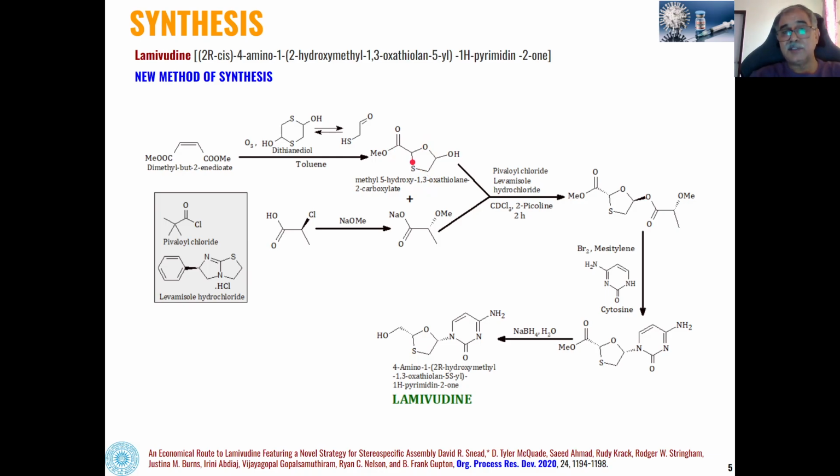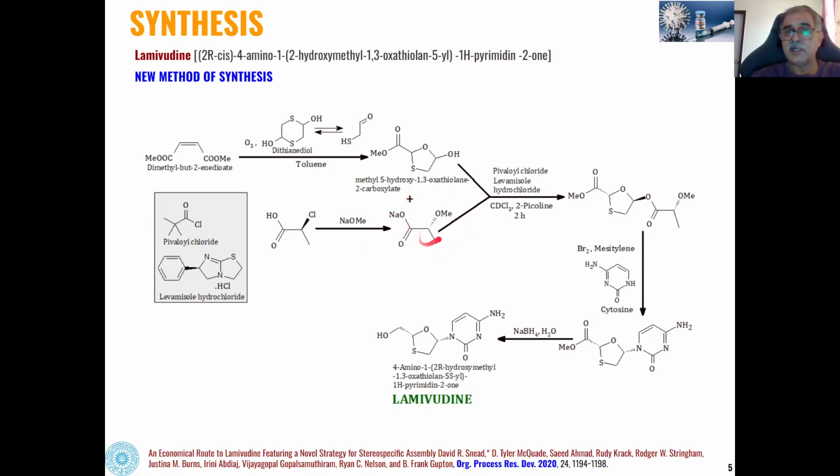Then this ester reacts with this moiety, which is synthesized from 2-chloropropanic acid on reaction with the base sodium methoxide. So methoxide will act as a nucleophile, attack over here, and replace chloride from here, and then the sodium salt of the carboxylic acid will be formed.